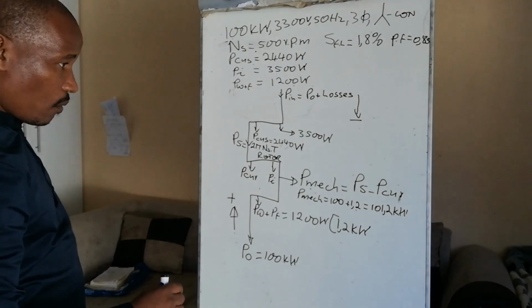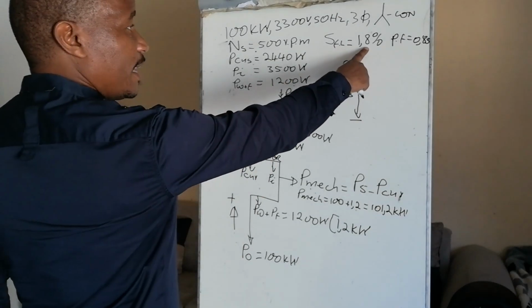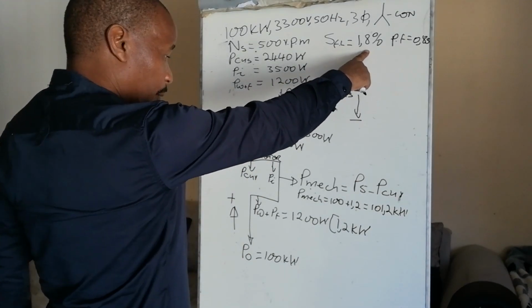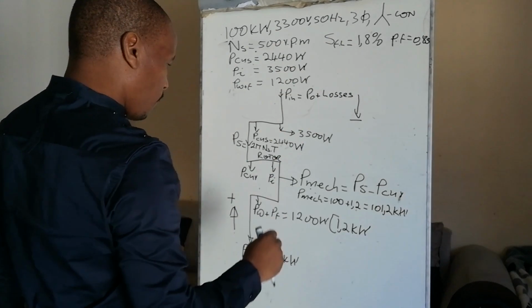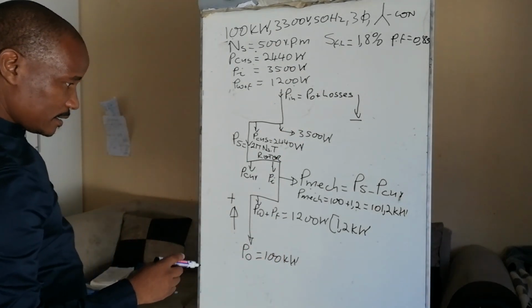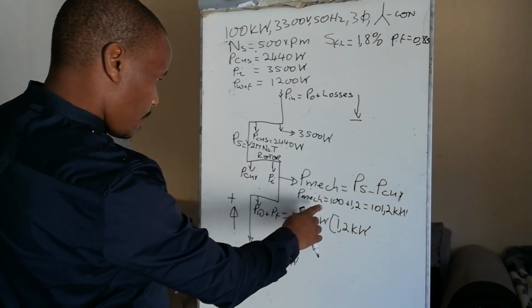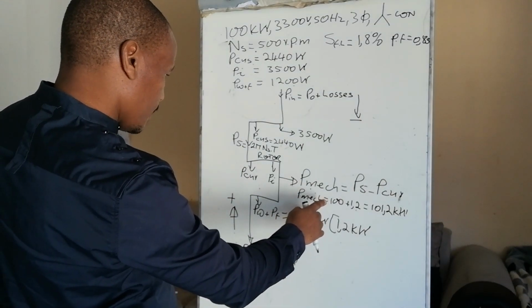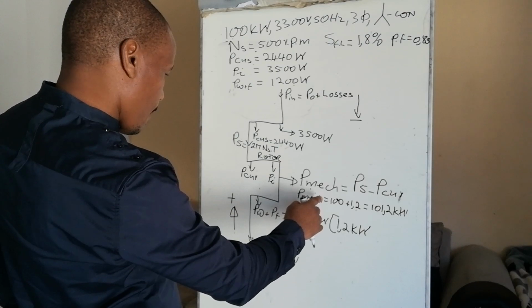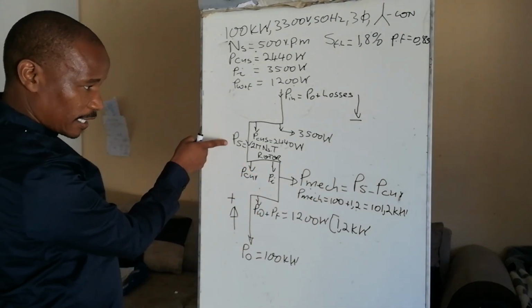Now, you are also given a slip of 1.8. Let's calculate the synchronous power first.